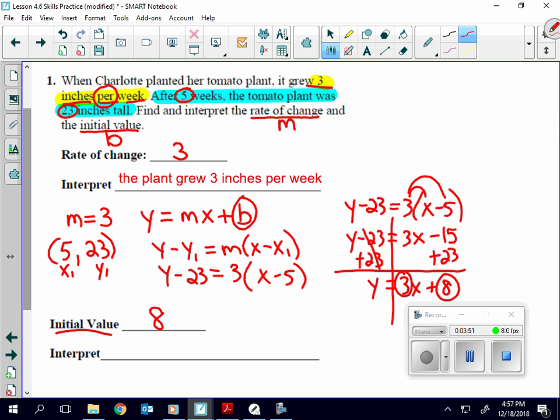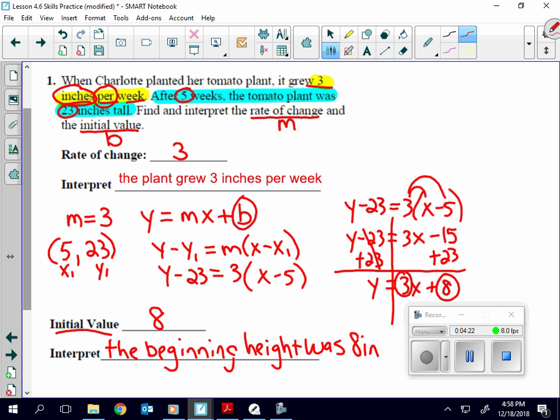It's how high the plant was in the beginning. So we can call it the beginning height was 8. 8 what? Let's see, they talked about inches right here. Inches.